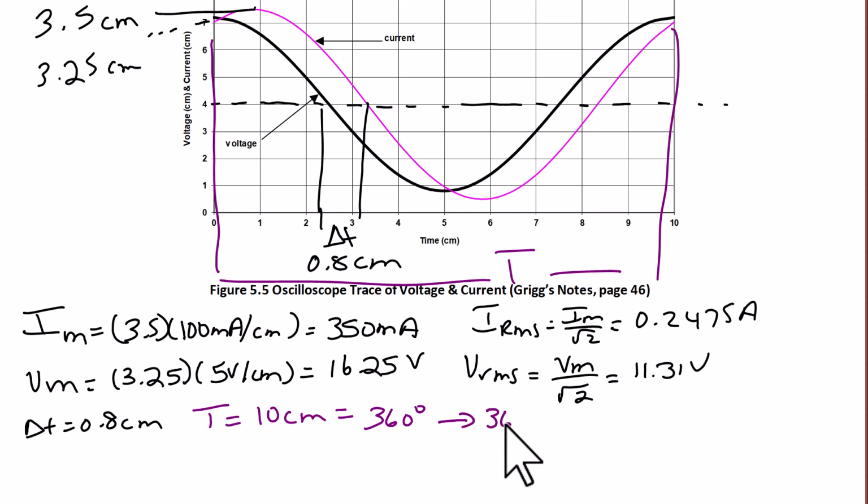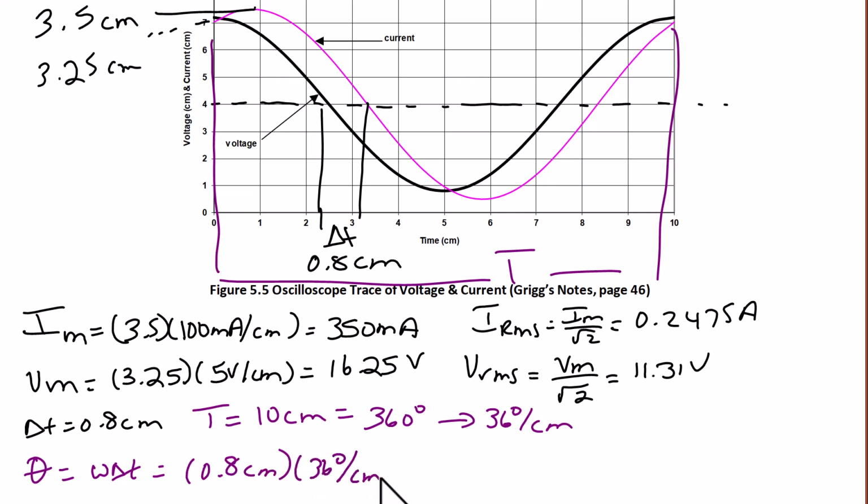So we can use the fact that we have 36 degrees per centimeter to find the value of the phase shift, where theta is equal to 0.8 centimeters times 36 degrees per centimeter. And we get that the phase shift between our two signals is 28.8 degrees.